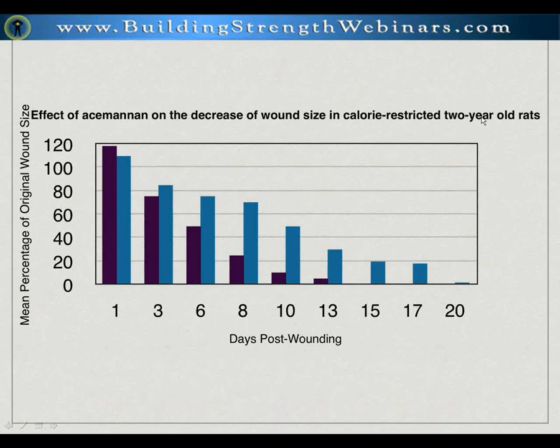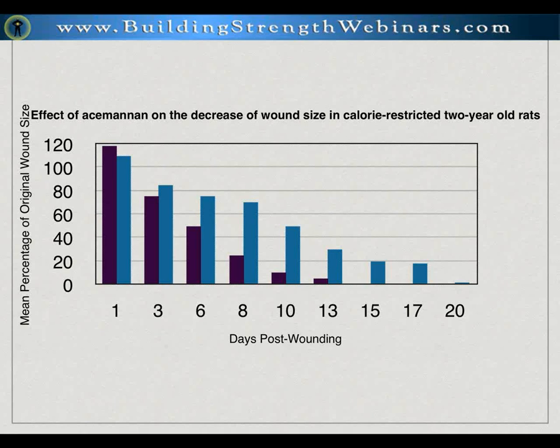And here are 2-year-old rats who had a restricted diet. Rats are kind of unique. As long as they have all the food they can eat, they get bigger and bigger until they die. If you see a little old rat, you don't know for sure how old he is. But if you see a big rat, you know he's old.